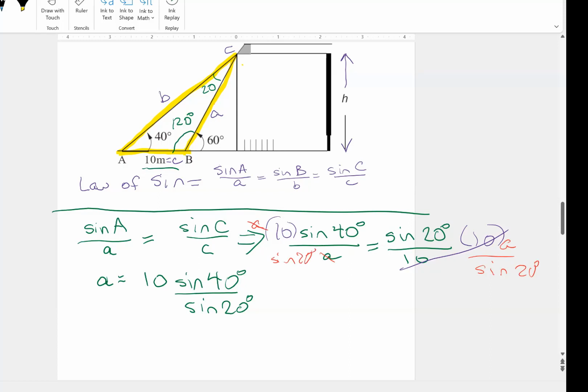And then I would have A, this would cancel with this. So on this side, I would have A, and I would have 10 sine of 40 over sine of 20. Just to quickly show you the algebra. If anybody needs more algebra help, just let me know. So if I didn't have a calculator, that's my answer. But I do have a calculator.